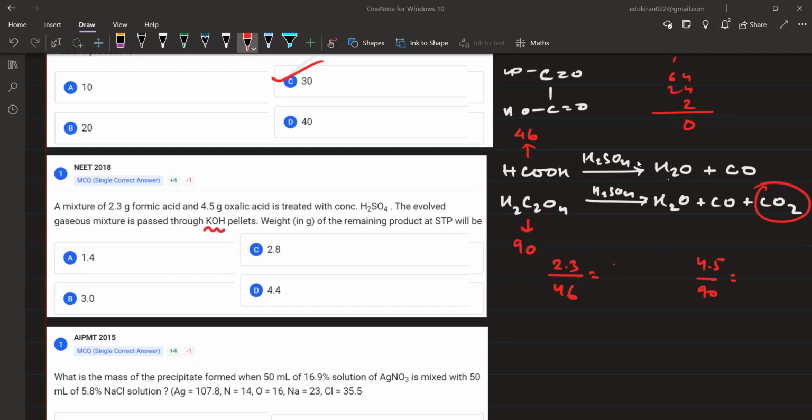This will be equal to how much? 1/20 है ना? This is also 1/20 ना? हाँ, ठीक है, 1/20.